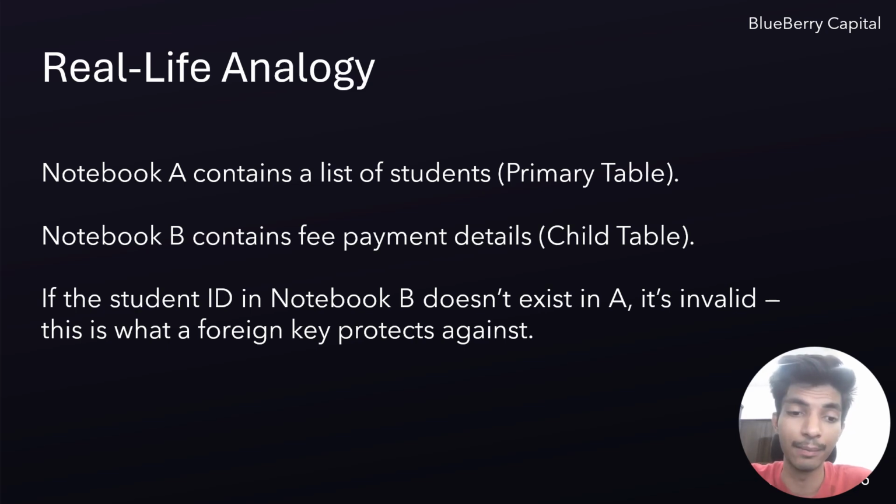This is what this slide is telling us. If you don't exist in table A as a student, you cannot pay fees and you cannot have an entry in table B. If you have an entry in table B and you're not a student, it will flag that this is a referential integrity problem and you should avoid this. So this is what foreign keys are supposed to do.